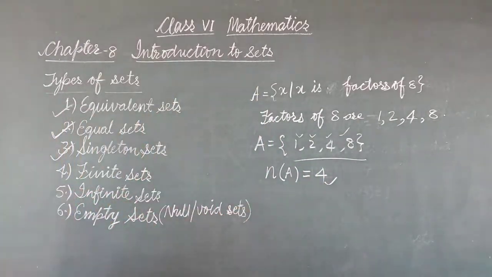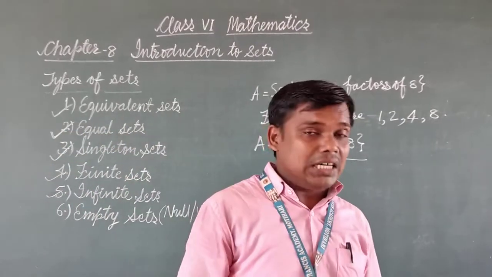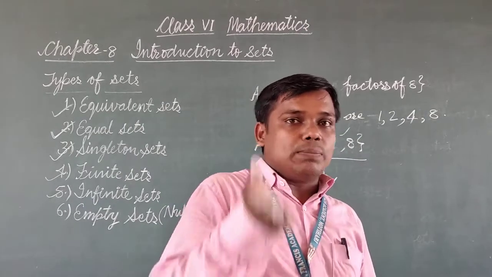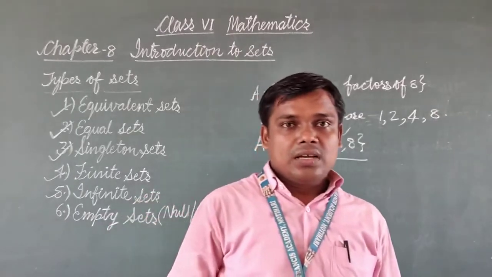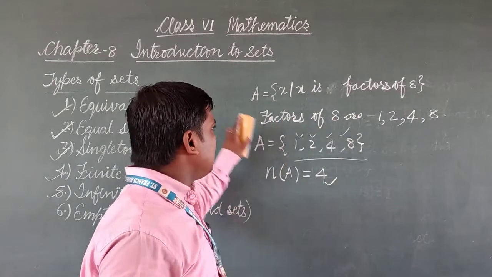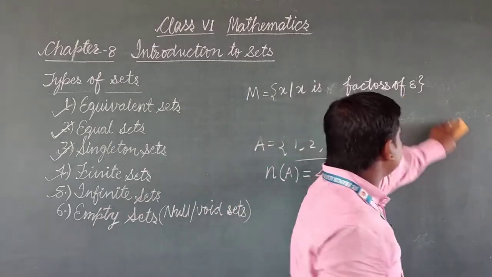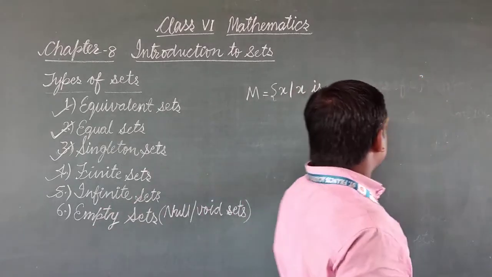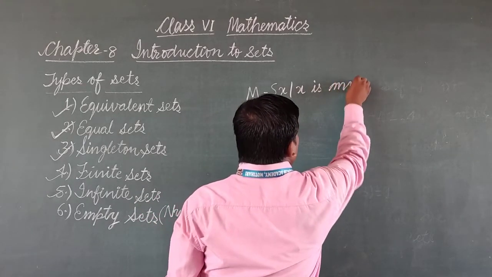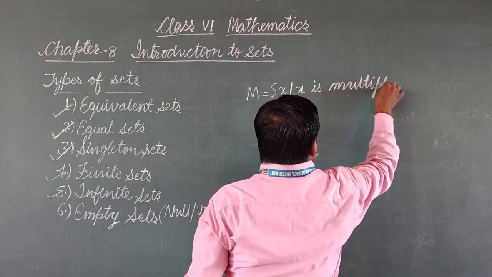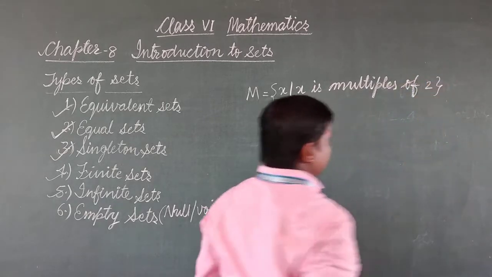Now the example of infinite set. A set is said to be infinite set if the elements of set cannot be listed and cannot be counted. For example, let set M is a set X such that X is multiples of 2.